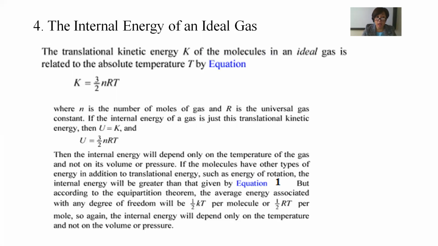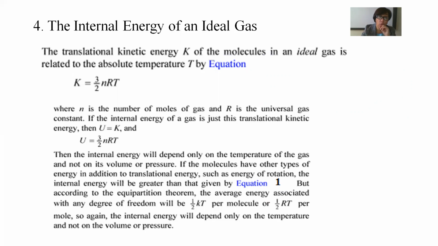Number 4: the internal energy of an ideal gas. We know the translational kinetic energy K of the molecules in an ideal gas is related to the absolute temperature, and increasing temperature increases translational kinetic energy.